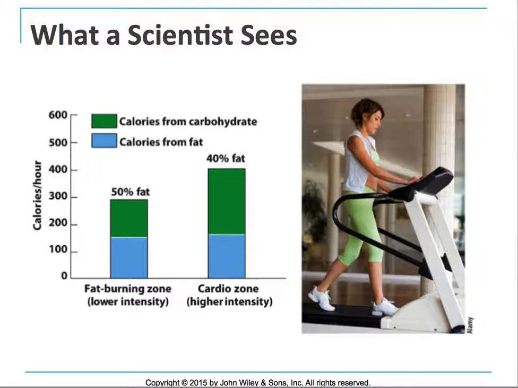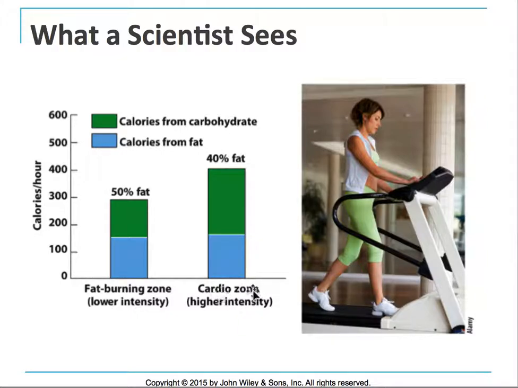So when we talk about different types of activity and how many calories they burn per hour, if somebody is doing an exercise at a low intensity, they're in what's known as the fat burning zone, where 50% of the calories used for that exercise come from carbohydrate and 50% come from fat.